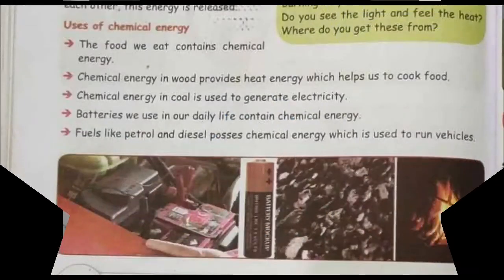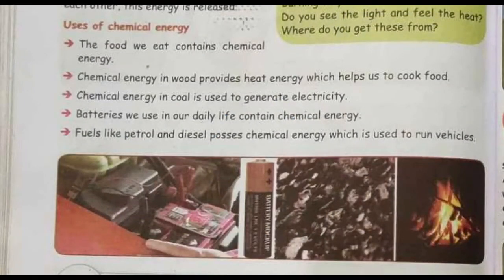The uses of chemical energy are: the food we eat contains chemical energy. Second, chemical energy in wood provides heat energy which helps us to cook our food. Third, chemical energy in coal is used to produce electricity in thermal power plants.